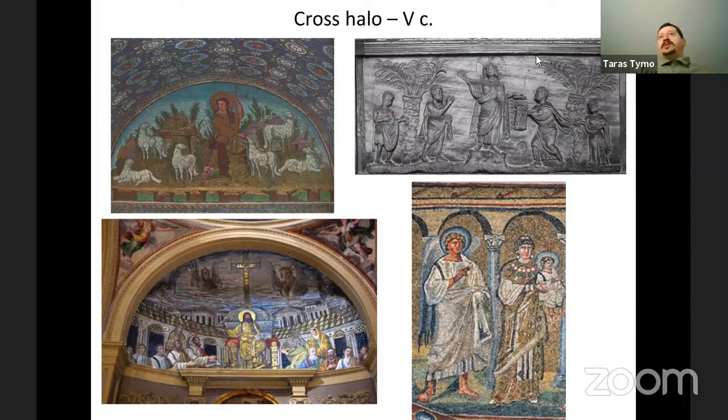Also, we have seen that Jesus is often marked with this monogram, hero. So the X letter resembles the cross, and if it's placed above the head of Jesus or behind the head of Jesus, it starts to resemble the cross-shaped halo we see later.